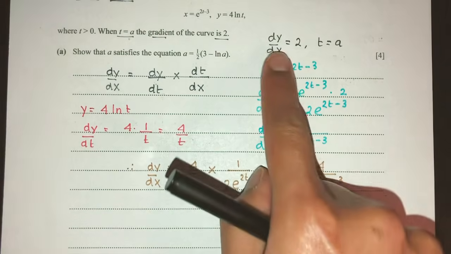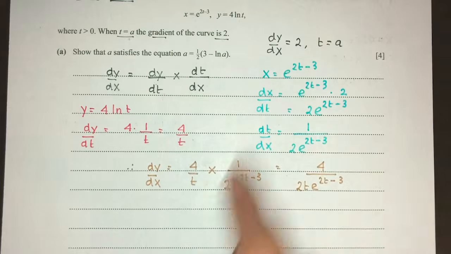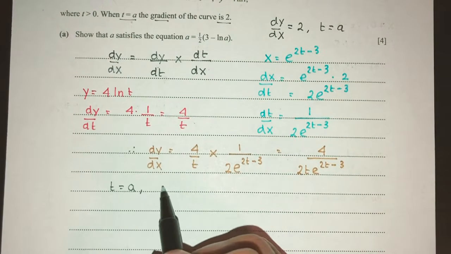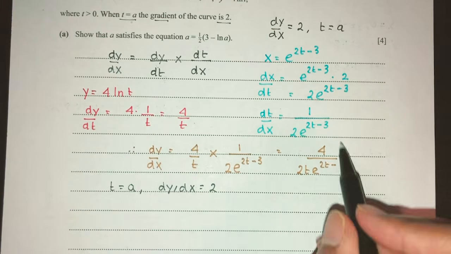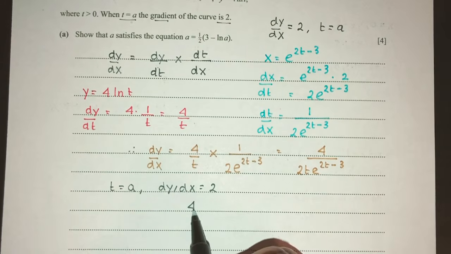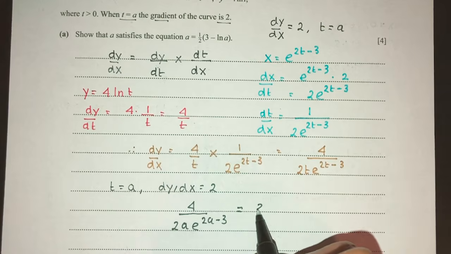Now we have to use this. We know when t is equal to a, the value is 2. So replace t with a, and dy by dx is 2. Replace a in this equation. You will have 4 over 2a exponential 2a minus 3 is equal to 2.